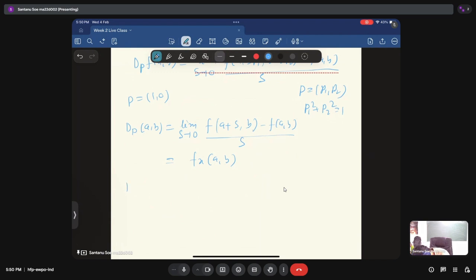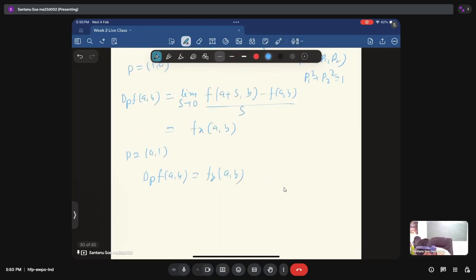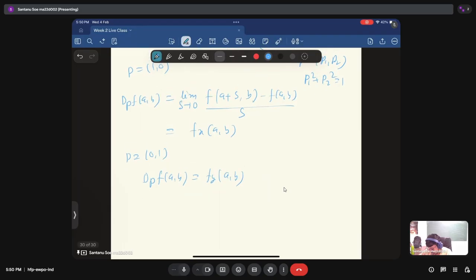Similarly, if you take p to be (0, 1), then D_p f(a, b) is nothing but f_y(a, b). So then we get the partial derivative in the y direction, correct?